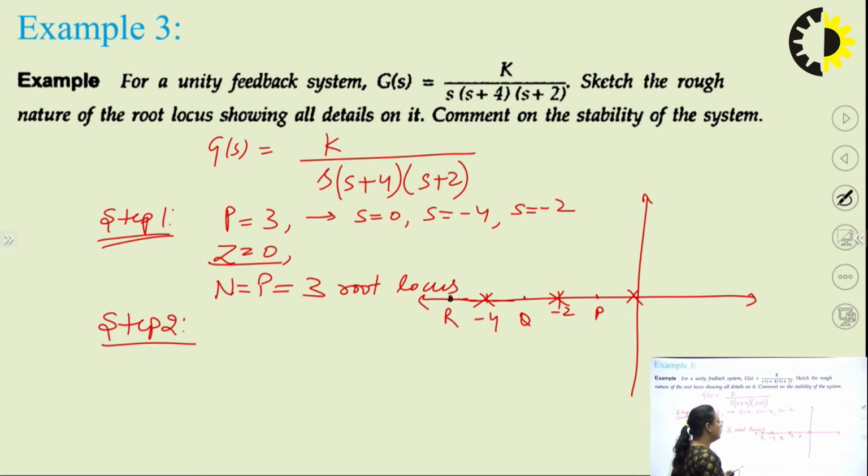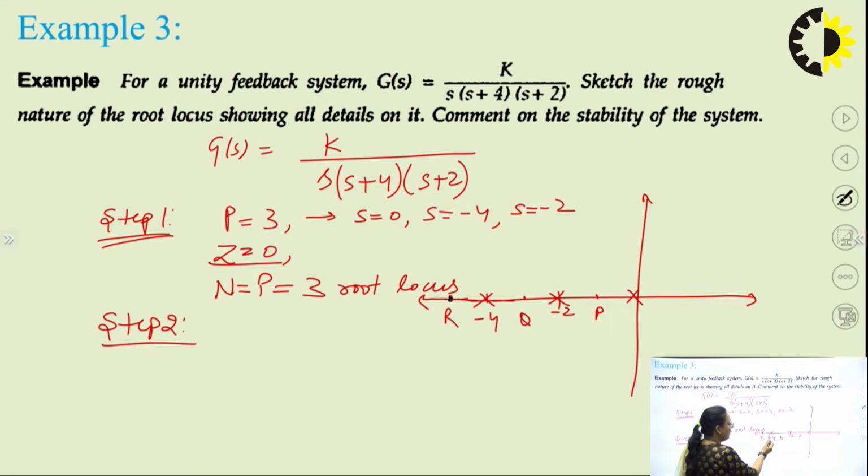See for this point R, if I see towards the right side, the total number of poles and zeros must be odd. If it is odd, then this region is the region of root locus, and if the number is even, then this is the region in which root locus will not lie.